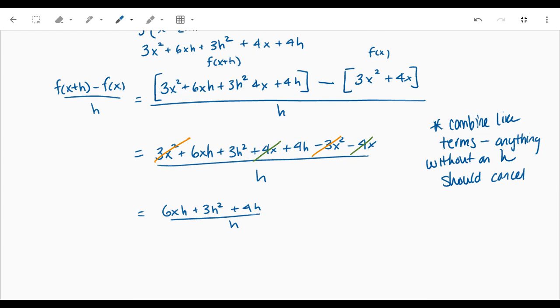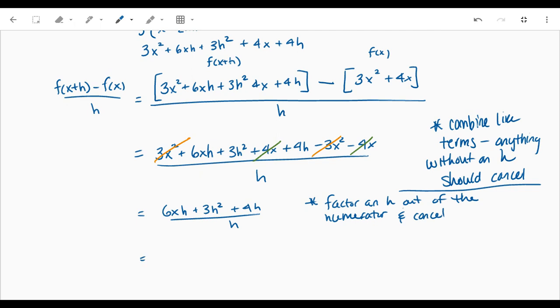And since every term has an h, I can factor an h out of the numerator and cancel.